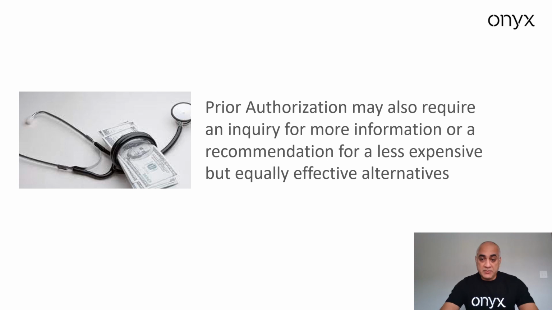There could be multiple inquiries asking for more details, more documentation, more treatment plans that were already performed on the patient. So there is always a possibility of prior authorizations getting extended beyond the timeline, and a possibility of more documentation needing to be submitted as part of the request.